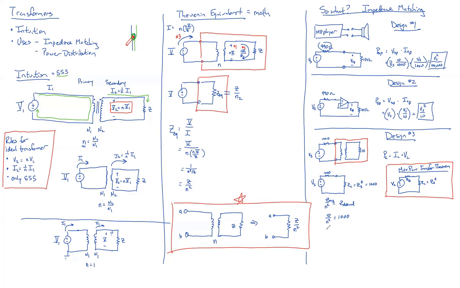If you cross multiply, we get 10 equals 1,000 n squared, which means n squared is equal to 1 over 100, which means n is equal to 1 over 10.